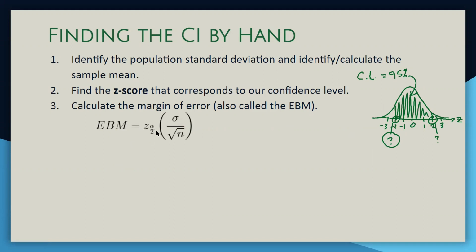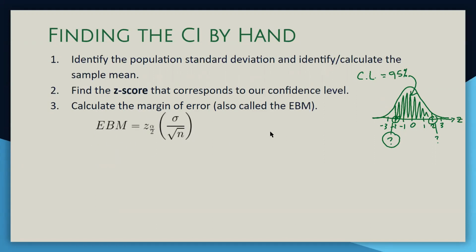We see that z-score we just found in step 2, z alpha over 2, times the standard deviation for the sampling distribution: the population standard deviation for the raw data divided by the square root of n. So all we're doing is taking a z-score and multiplying it by the sampling distribution standard deviation to calculate our margin of error.